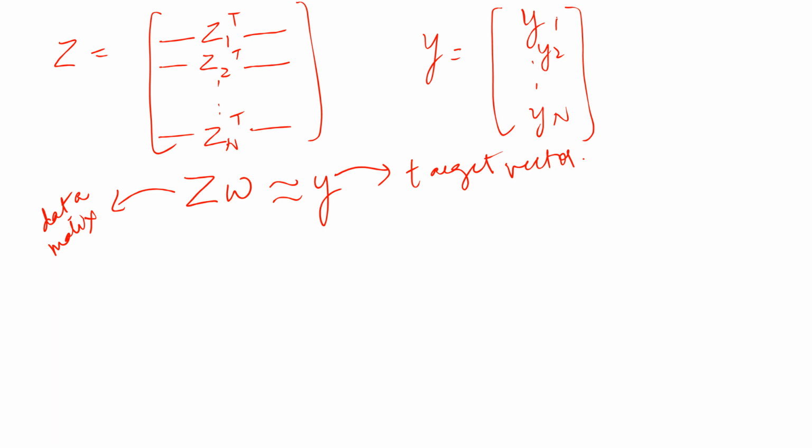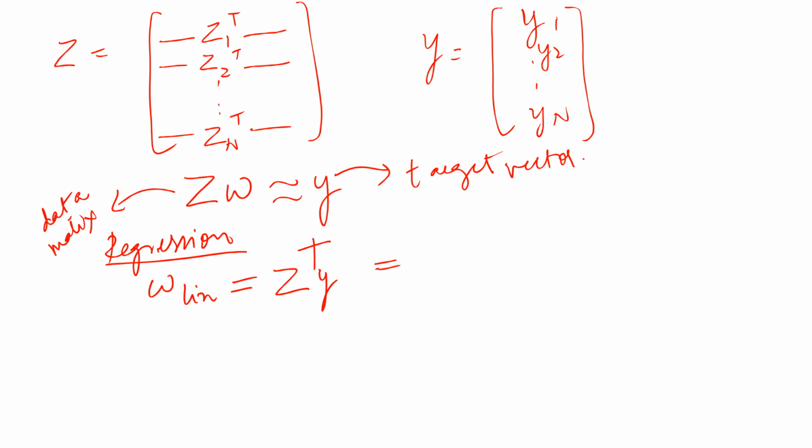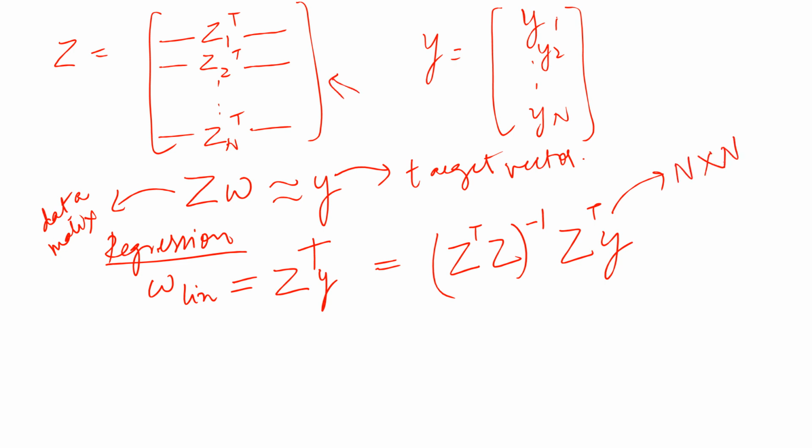For example, for regression, and this is just a repeat, we already know these things, I'm going to get w_lin, and that's going to be z pseudo-inverse times y, which is the inverse of z transpose z times z transpose y. We have seen this so many times. And z here, if you think about it, just by looking at this, is an n by n matrix.